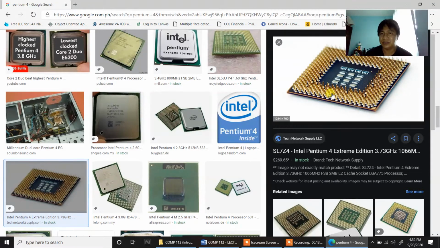Unlike before, when there was a socket, your socket had to be compatible with the CPU and the motherboard. If they were not compatible, it would be very difficult to repair the CPU's pins. That's why the CPU before was very delicate compared to now. Now, it just makes contact with the motherboard.